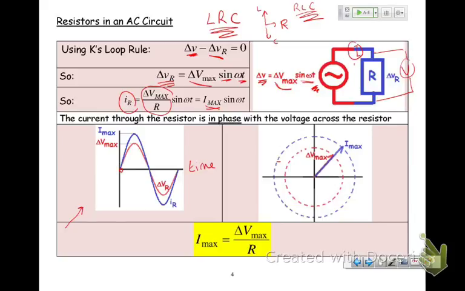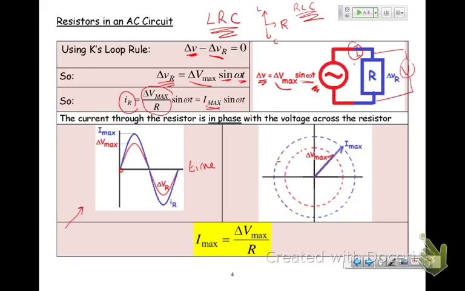Now, I can see from this, they're both at the same phase angle, and they have different lengths. If I had chosen that point there, I would have been vertically upwards. If I'd chosen that point down there, I would have been down there.